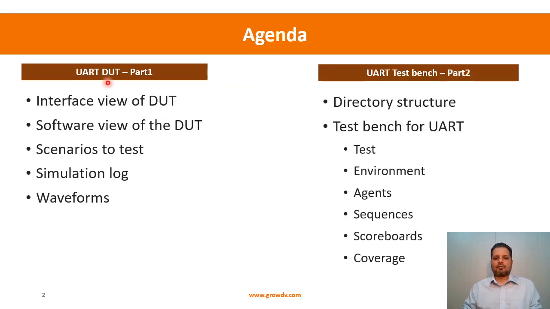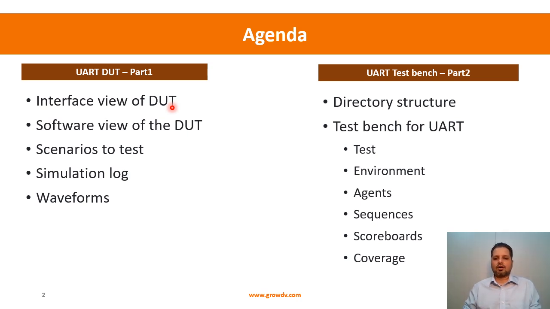As we talked about, we covered this as a part of Part 1. We looked at the interface view of the DUT. We had an APB interface, and the APB interface was used to access both the data and the control path. We had the TXD and RXD pins where the serialized data was sent out, and the APB interface was used to configure the UART, in terms of the format we need to transmit, whether 5-bit, 6-bit, 7-bit or 8 bits, whether the parity is enabled, how many stop bits we need to transmit, and then various interrupt characteristics.